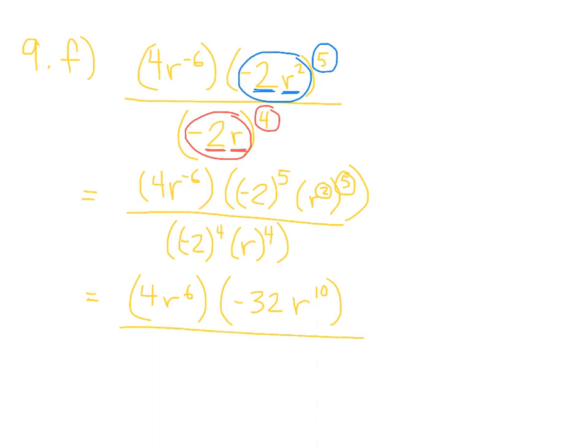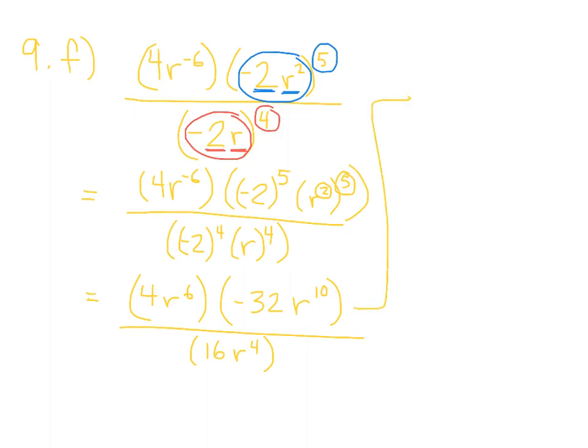And on the bottom, I have negative 2 to the power of 4. That's negative 2 times itself 4 times, which is positive 16. And then you have r to the power of 4. So I took care of all my powers of powers first.